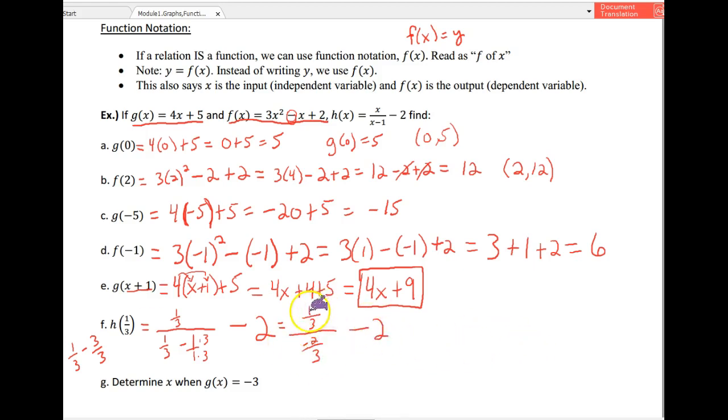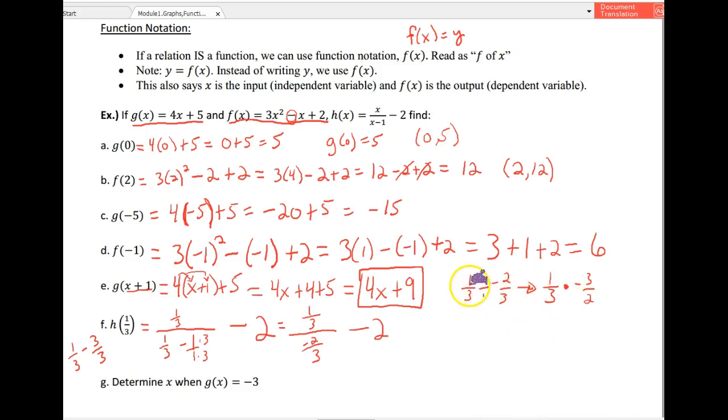And now I have a fraction divided by a fraction. So the way we divide fractions is to multiply by the reciprocal. So again, I'm just going to do some side work over here. And I'm going to say 1/3 divided by negative 2/3. That's the same thing as 1/3 times, so multiply by the reciprocal, negative 3/2.